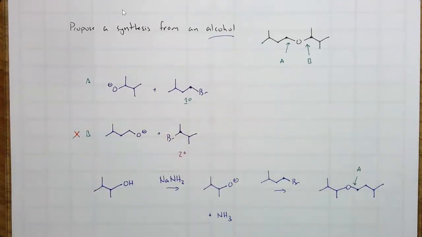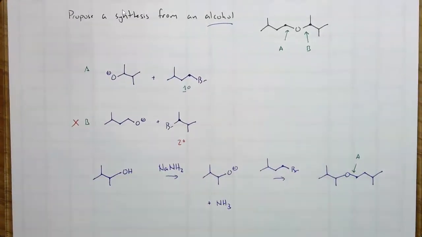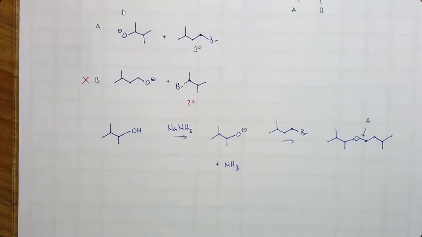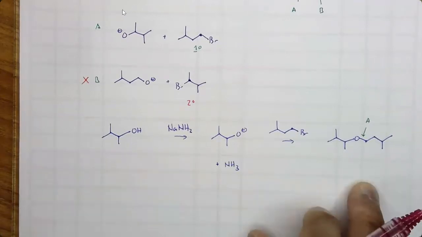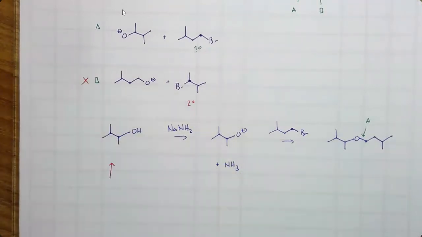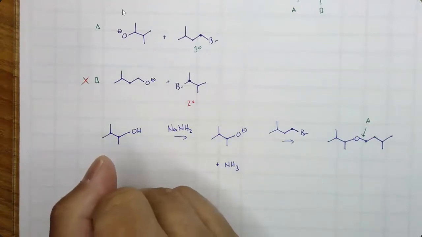Now, think about this. Maybe in a longer synthesis, they don't ask you to draw it from the alcohol. Maybe they say draw it from an alkene. Well, nuts. Maybe this alcohol came from... So this is the answer. But what if I said start from an alkene? Maybe this will work, right?